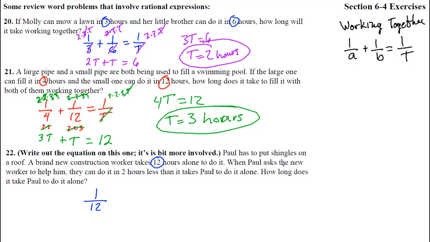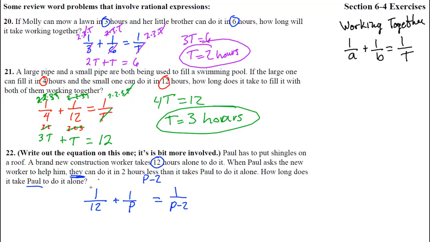When Paul asks the new worker to help him, they can do it. So this is the together. So we don't know what Paul is. How long does it take Paul to do it alone? That's our variable right there. And this one is 2 hours less than Paul doing it alone. So the total is P minus 2.